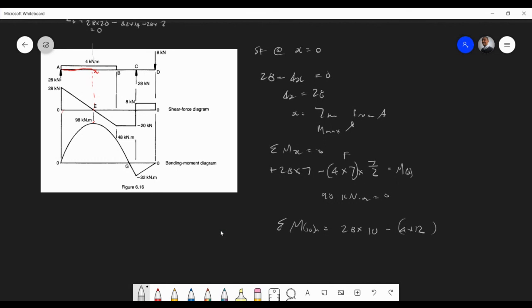Oh, at 10, right? So I can't say 12. So 4 times 10, and then 10 over 2. So I'm just showing you at a random position what the moment will be. And that's going to be 80 kilonewton meters. And that's going to fall somewhere here. That's 12, 10, around there somewhere. So 80 kilonewton meters is around here.